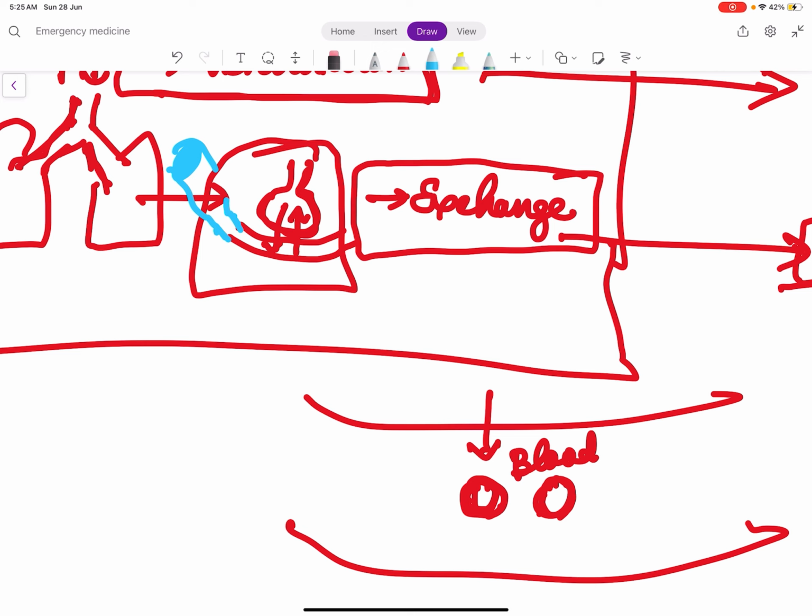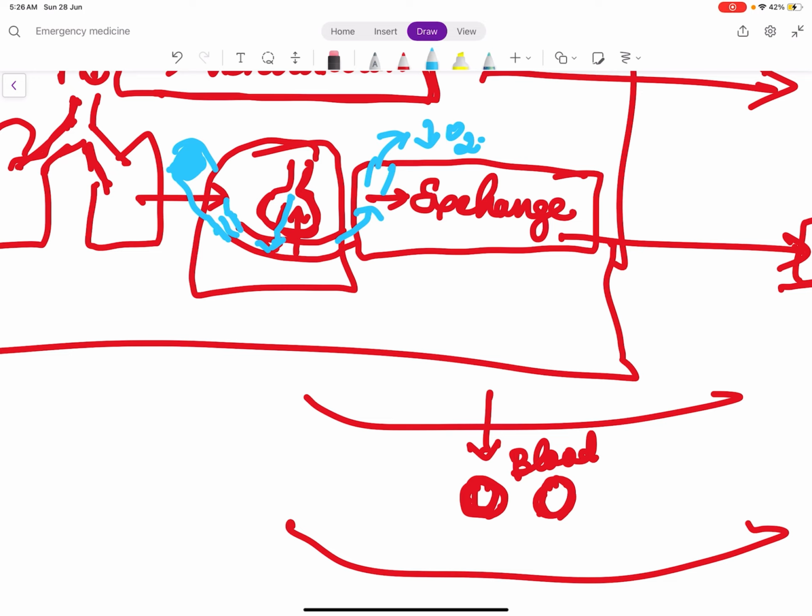So even though there is more oxygen entering the capillary, since there is a blockage in the pulmonary artery, there is not adequate blood to reach the pulmonary capillary. So the minimum amount of blood which is reaching the pulmonary vein has low oxygen concentration, right?